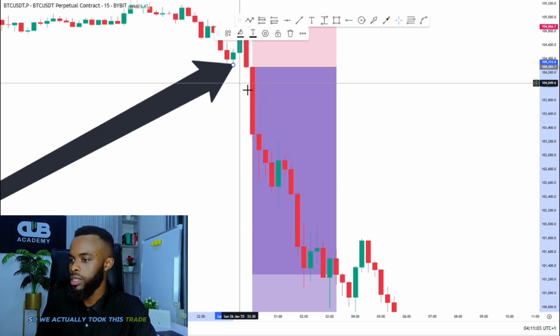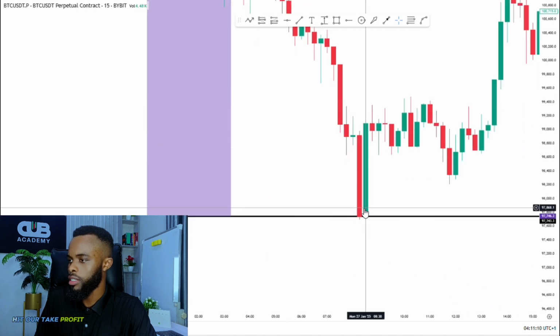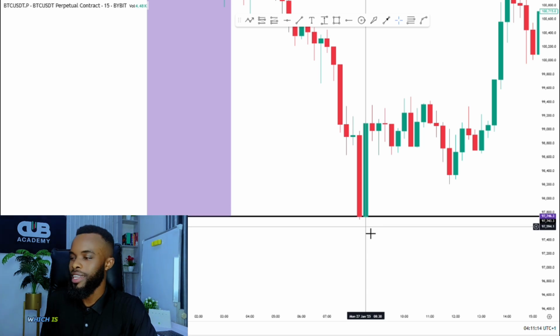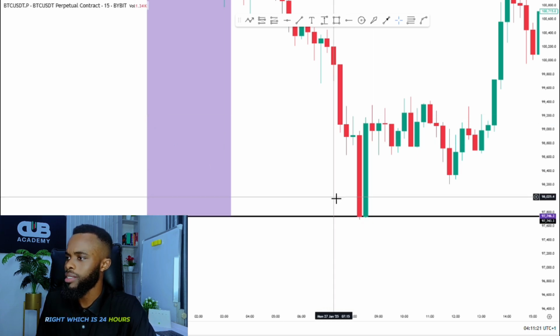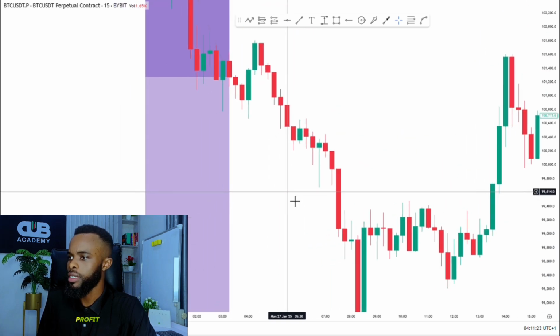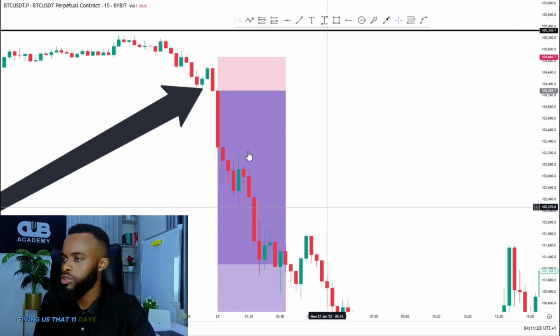Let's say we took this trade on Sunday 26 January 2025, and it hit our take profit on Monday 27, which is literally 24 hours of trade execution, giving us that 11 risk to reward ratio.